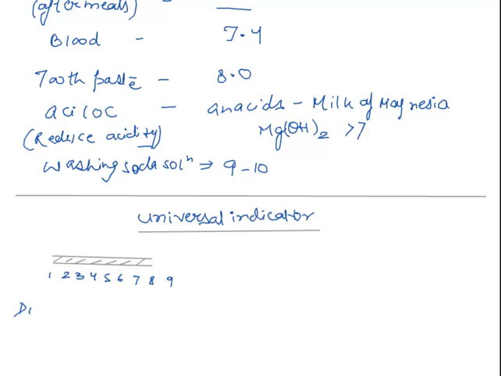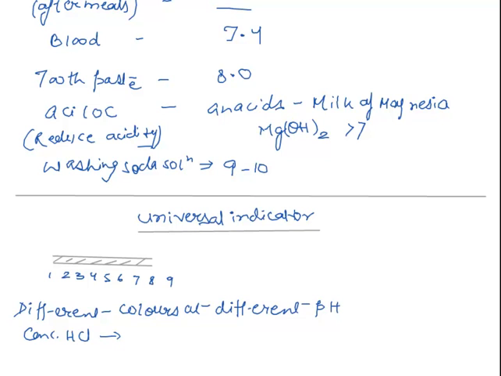Now this gives different colors at different pH. Like, it gives red color in concentrated HCl. So with concentrated HCl, it is going to give red color. The pH here becomes what? pH is equal to 0.